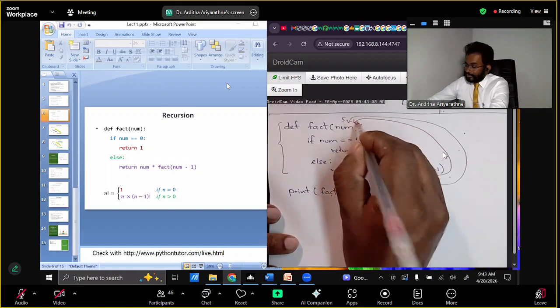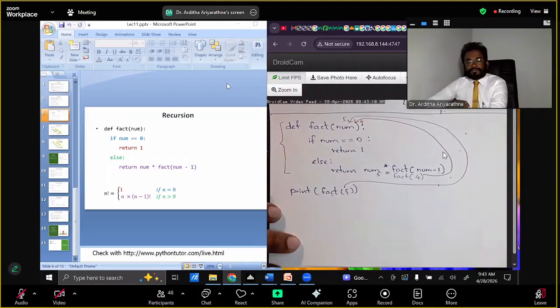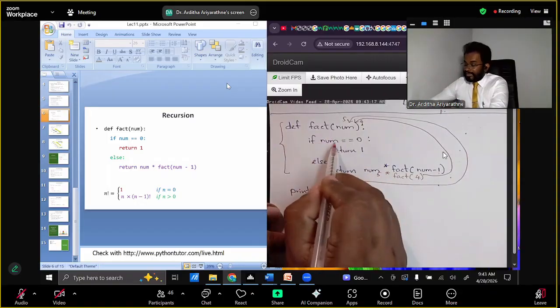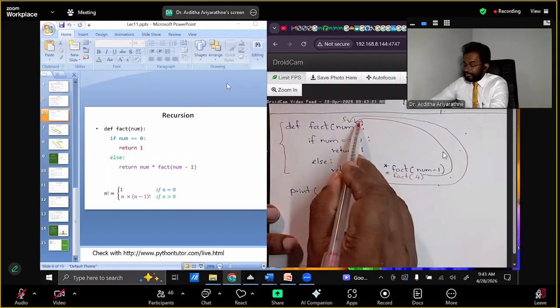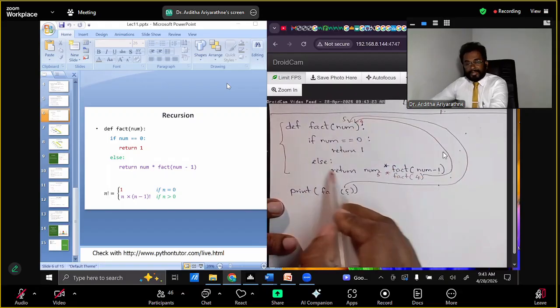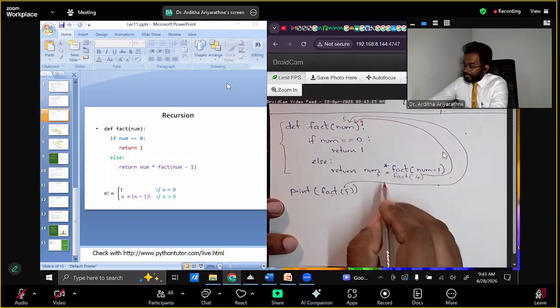Now what's the value? Value 4. Recursion. Again we are checking if the number is equal to 0. No, the number is 4. Again we are coming to else. Then we are doing what?